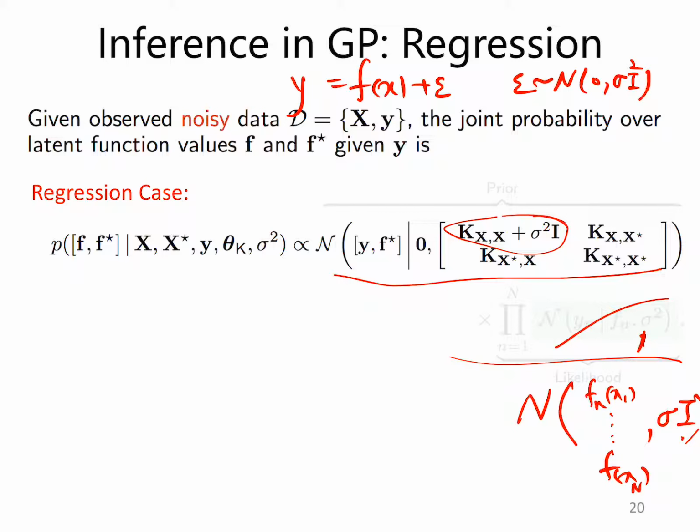And what is nice about it is that this is my observed values, this is my test data, and I know all kinds of operations in a multivariate Gaussian. I can easily compute the conditional. You remember that if I have x and y as a multivariate normal distribution with mu and sigma, you can easily compute p(x | y).